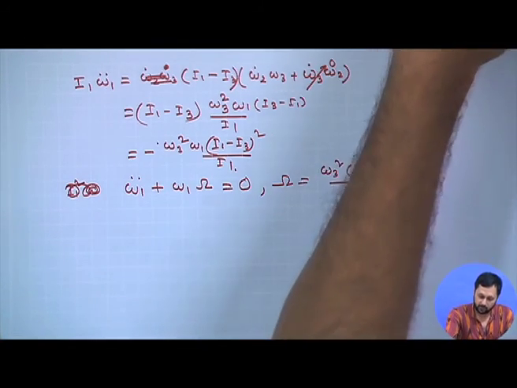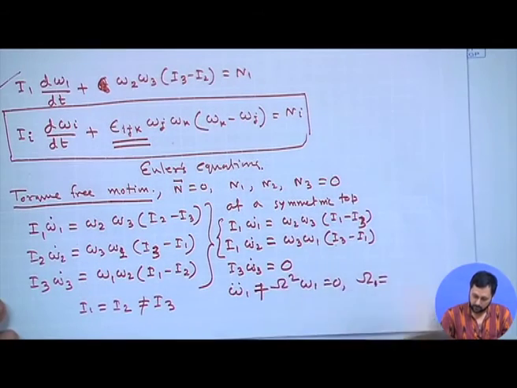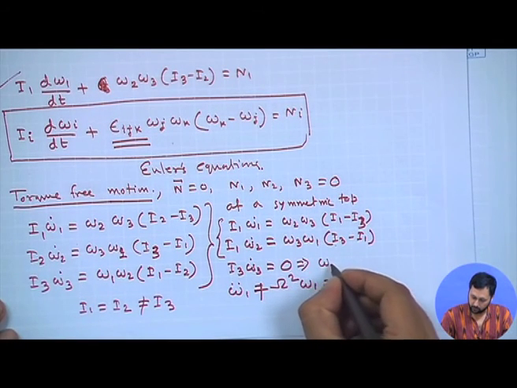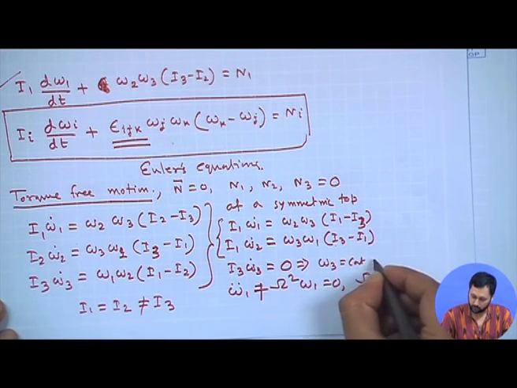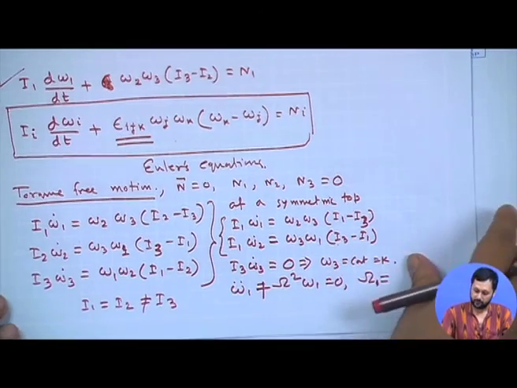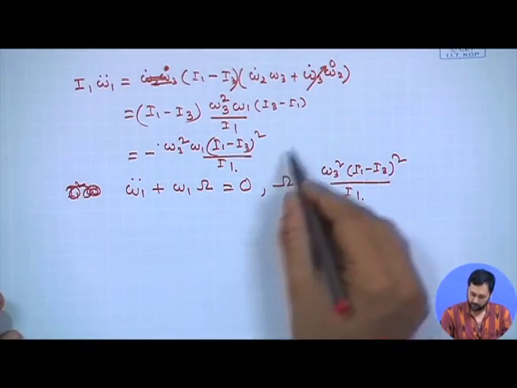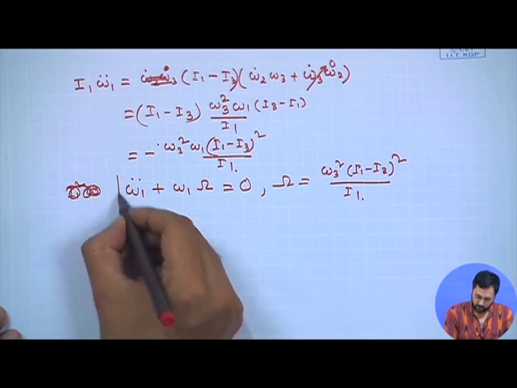Also, please see that the third equation directly gives you omega 3 is equal to some constant, and we can set that equal to k. Okay, so this is my constant and my equation is this.